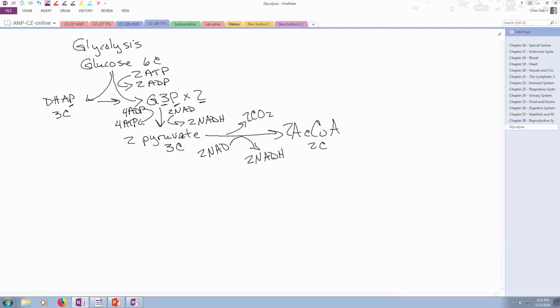Now, we produced NADH up here, correct? And we are producing NADH here. So you do have to remember the other NADHs, but you can kind of lock this step in your head. Every time you see a carbon dioxide produced, you will always see an NADH produced. And you will see that the following chemical reactions will actually bear that out.